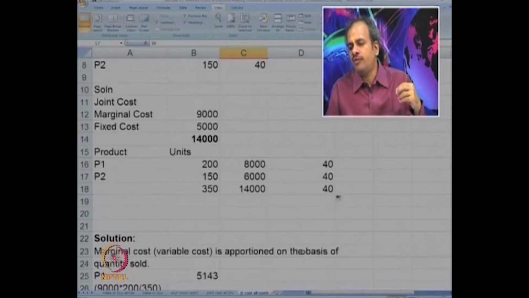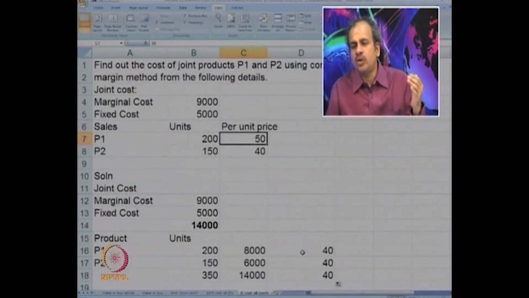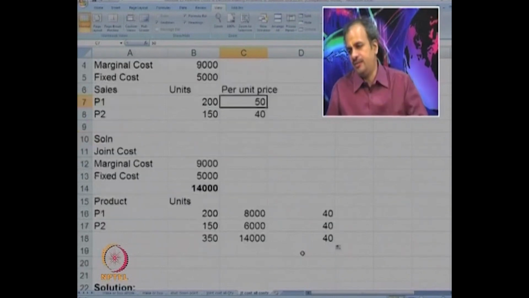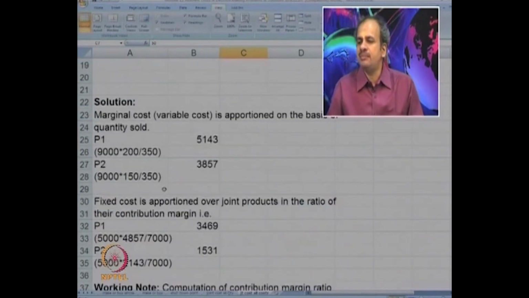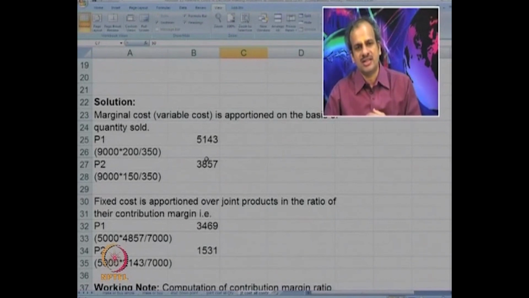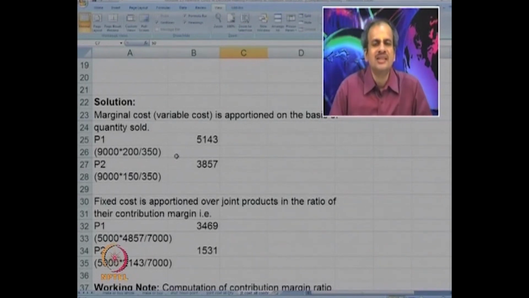in the form of what is known as the contribution margin method. So, in the contribution margin method, what we do is we know separately the marginal cost, that is variable cost, and fixed cost. Now, marginal cost is more linked to the quantity.